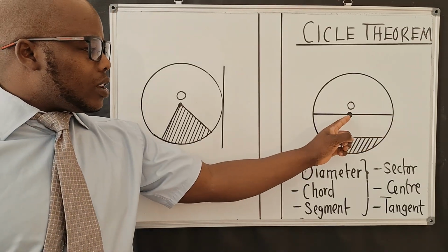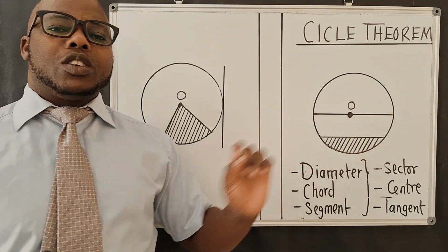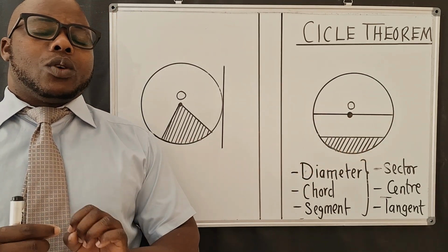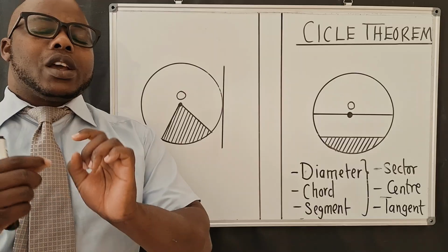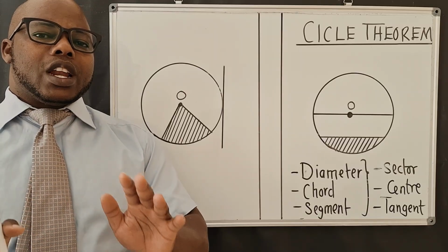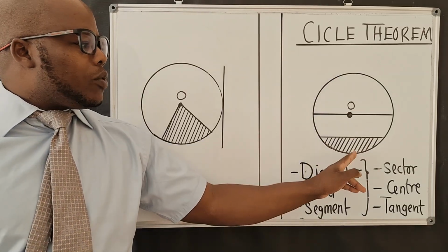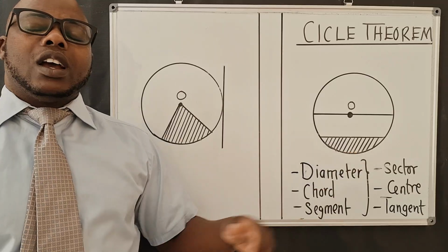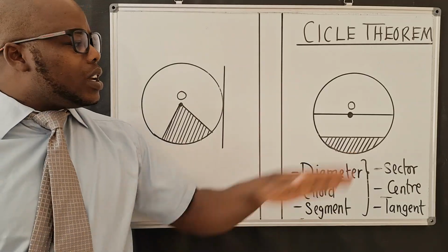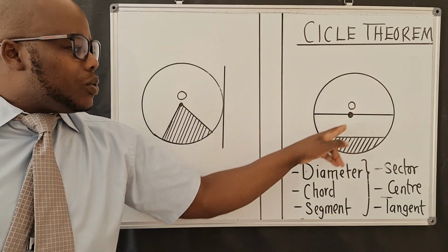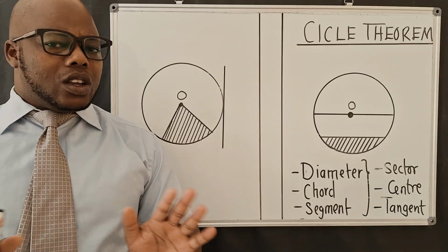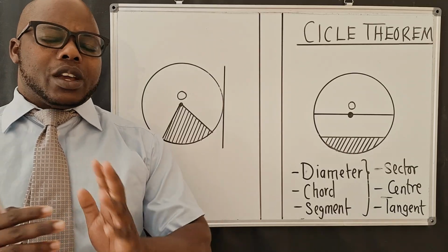You can see this is the center, and we've got this line which is passing through there. So it's called a diameter. A diameter can come out in any way. It can be like this, provided it's touching both sides and it's passing through the center. It can come from there to somewhere here. It's still a diameter.